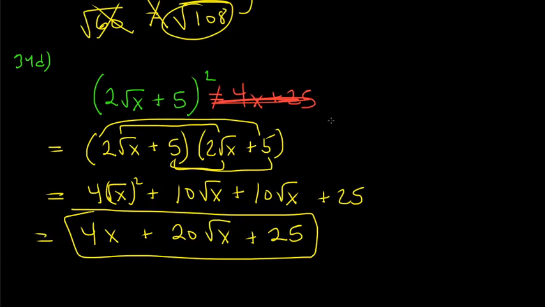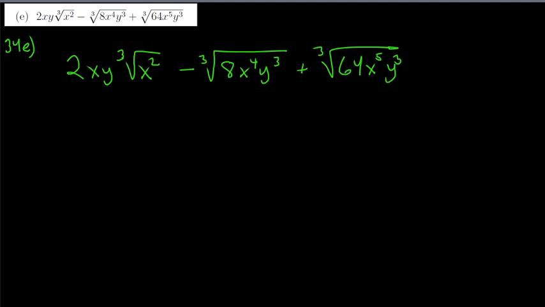All right, and finally part E. Okay, and part E is probably the most difficult one, as it usually is. But it's not that bad. After all, the first term here, there's nothing we can do to simplify it because 2 is less than 3. So I'm just going to copy it down.